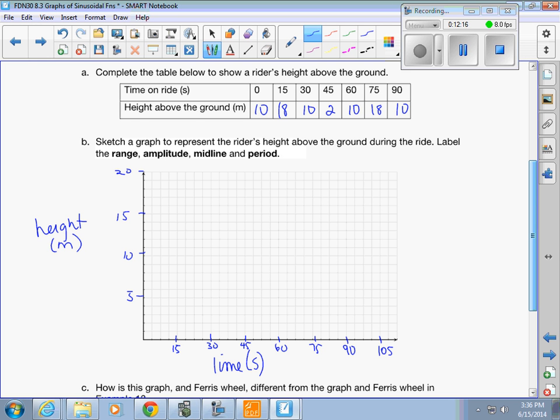Okay, so now we can start plotting this. At 0 seconds, he was up at 10 meters. At 15 seconds, he was at 18.